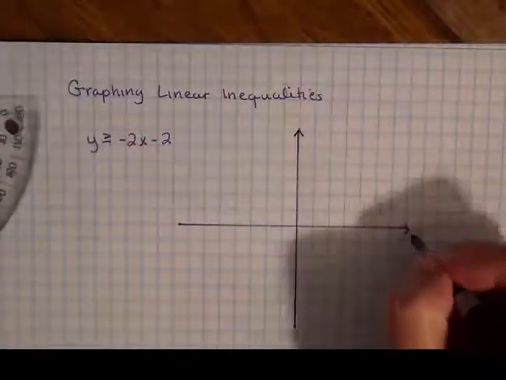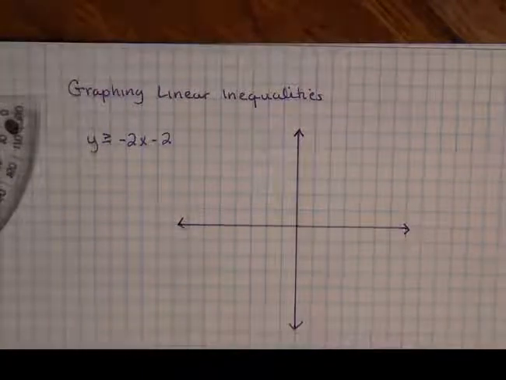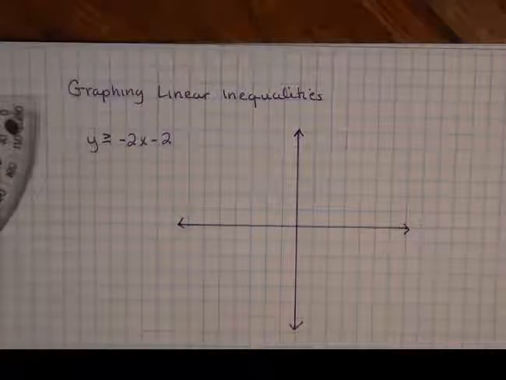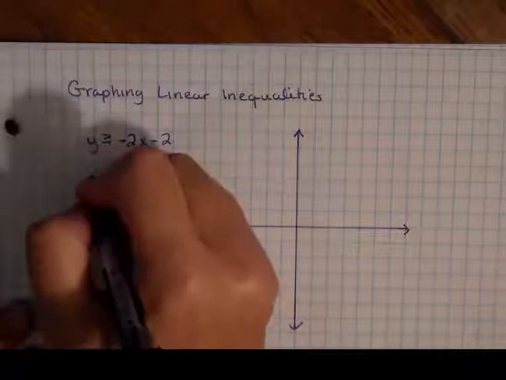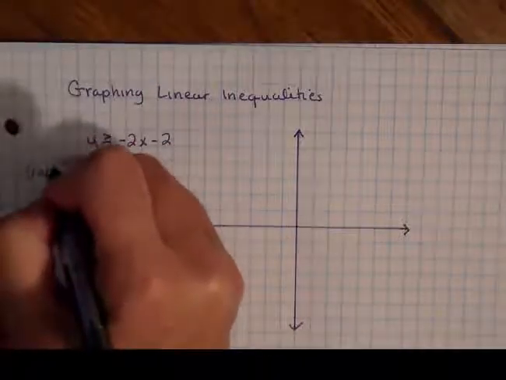The line we're actually going to graph is the relative equation. The relative equation of y is greater than or equal to negative 2x minus 2 is y equals negative 2x minus 2. We're going to graph this line.